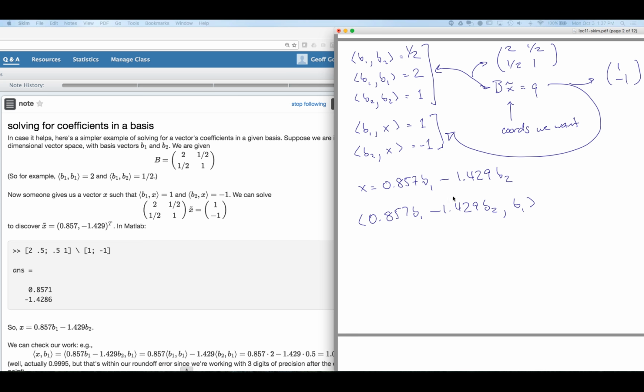Right, so this is the expression for x, and we want its inner product with b1, and we know that inner product is linear in its first argument, so we can split out 0.857 b1 inner b1 minus 1.429 b2 inner b1, right? And so I just pulled the subtraction and the scalar multiplication outside the inner product. And if we check this, this is indeed 1 to the precision that we're working in.